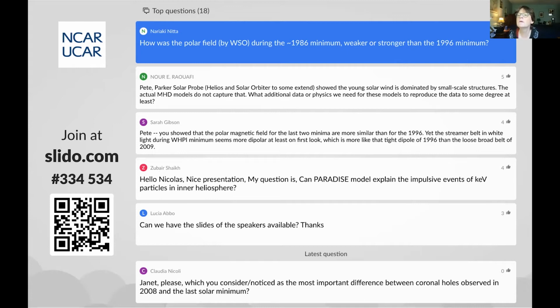With respect to the Wilcox calculation of the polar fields, the reason that we look at those is because there's such a long baseline. I agree that we would much rather use HMI or MDI observations, but there's a much shorter time span that we can look for trends.